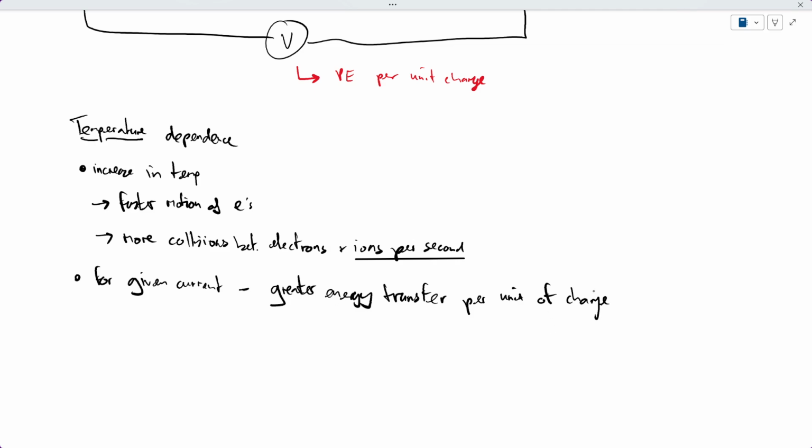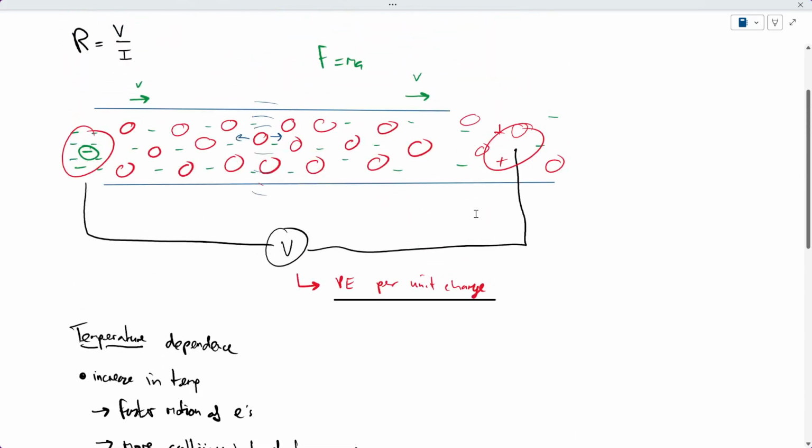And this bit, energy transfer per unit of charge, let's just remind ourselves what potential energy is. Let's go back to this diagram where I said, if I'm moving charge, and it doesn't matter if you think about just a unit of charge moving or individual electrons, from one end to the other, there is no gain in kinetic energy for that charge.